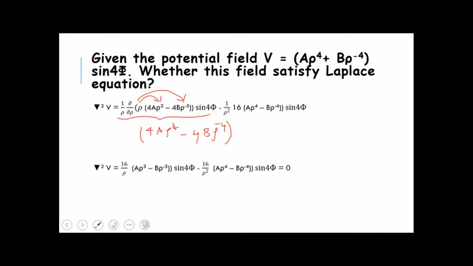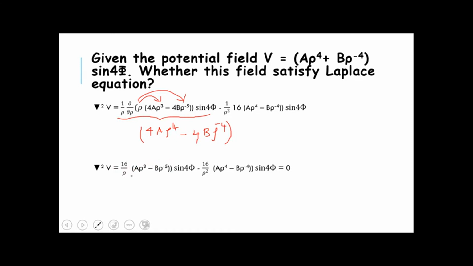Now this will evaluate to 0, right? You can clearly see from the equation that this will evaluate to 0. Because here I have A rho power 3 and there is a rho in the denominator. Here I have B rho power minus 5 and there is a rho in the denominator.